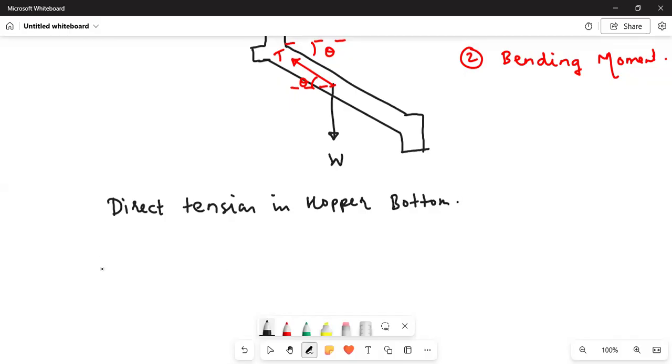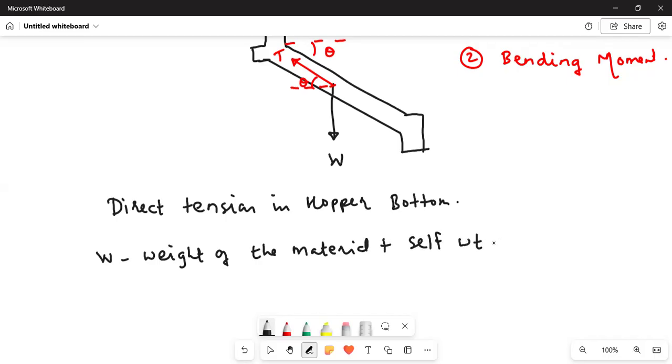Okay, so whatever W is given here in the diagram, it is the weight of the material that is stored plus self weight of hopper bottom.